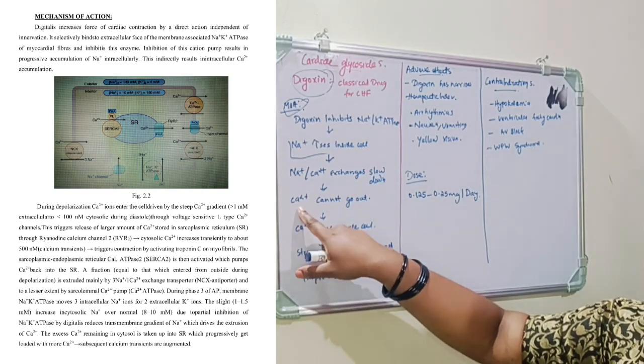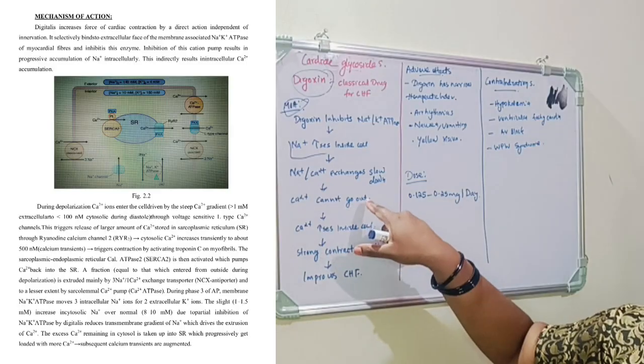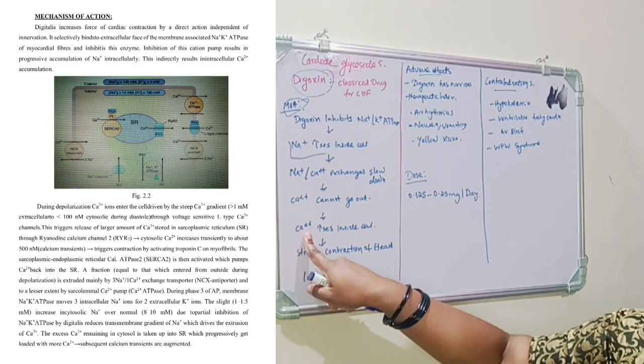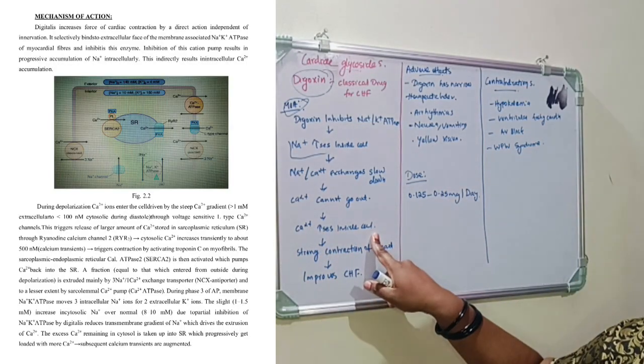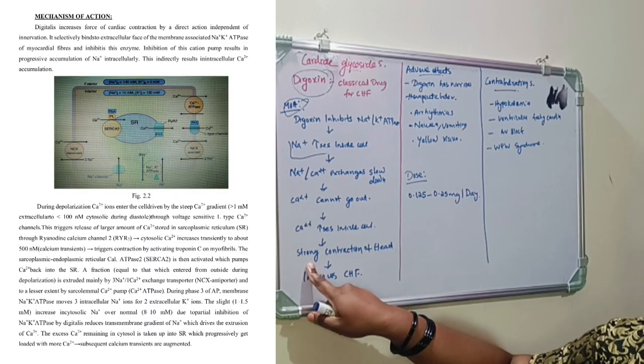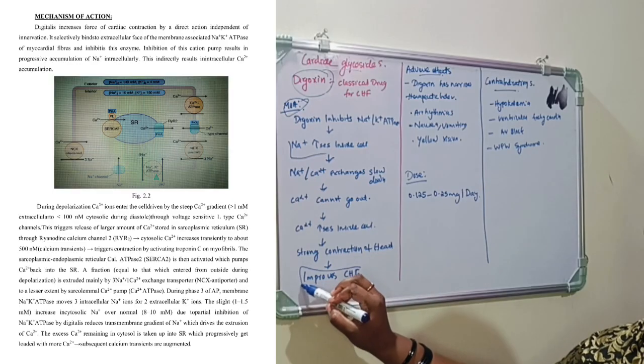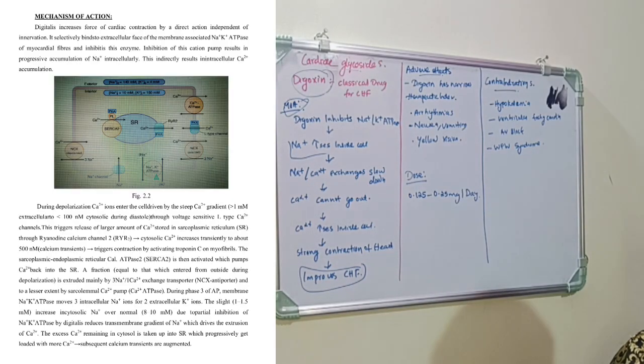So your calcium will get trapped inside, so the calcium cannot go out, and the calcium increases inside the cell. If the calcium increases inside the cell, we get a strong contraction of the heart, which will improve the CHF.